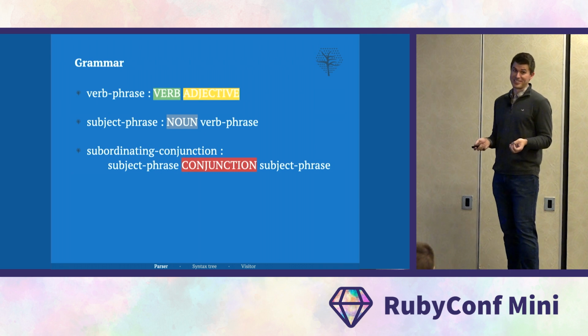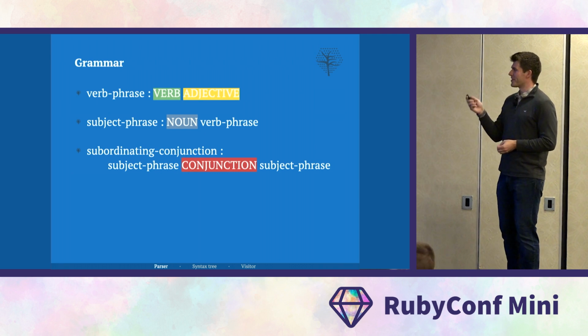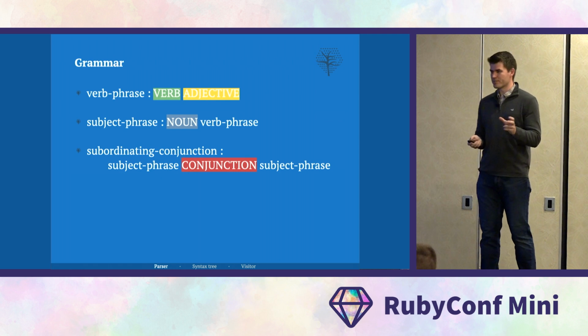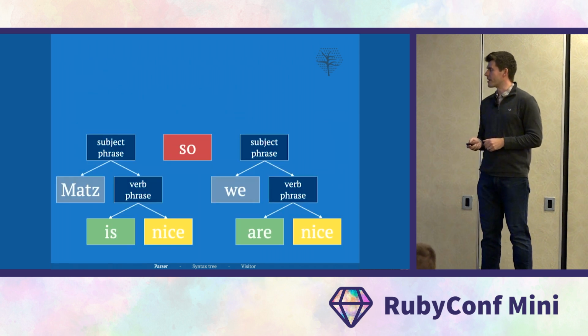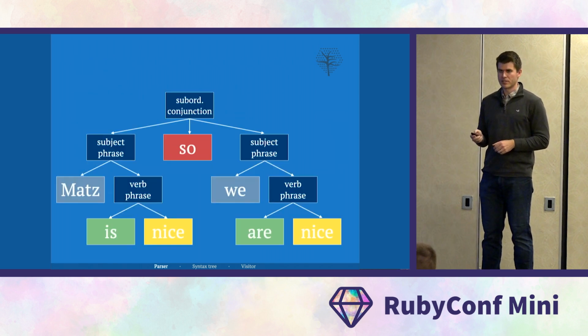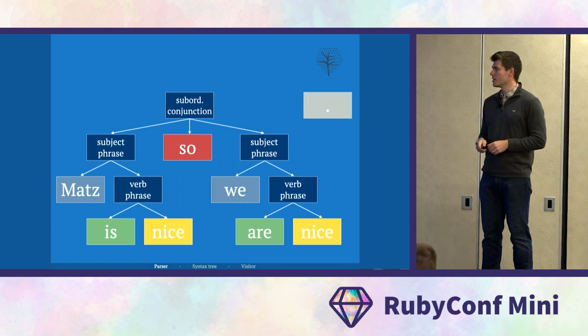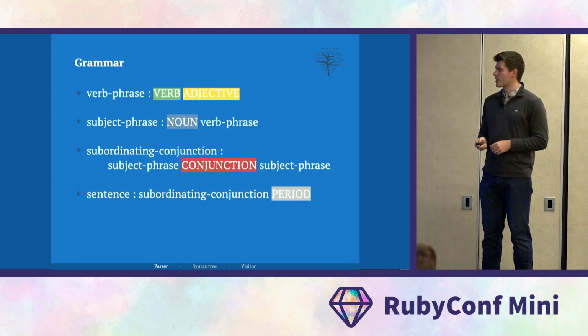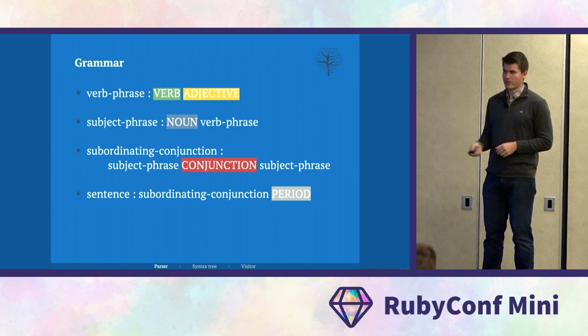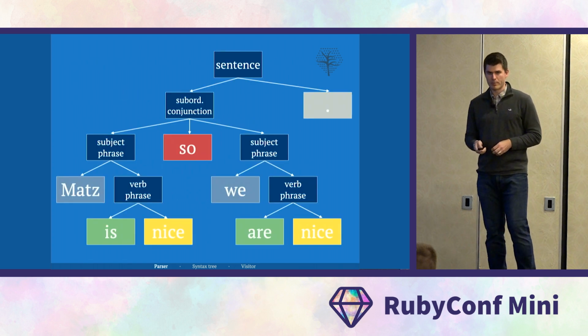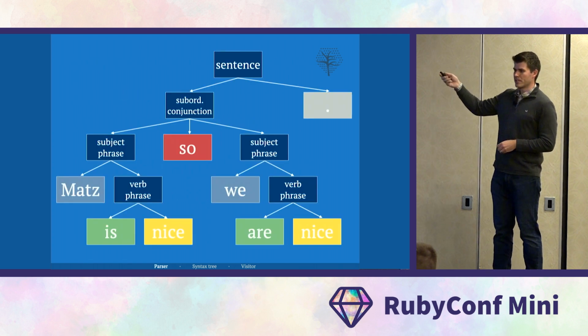I don't actually know English that well, as it turns out. But a subordinating conjunction is two subject phrases joined by a conjunction. So, okay. Now we have a subordinating conjunction. You remember there was one more token to join. We have a period, and we're going to say a sentence is a subordinating conjunction followed by a period, and now we have defined our grammar. You will see that there is a tree here.